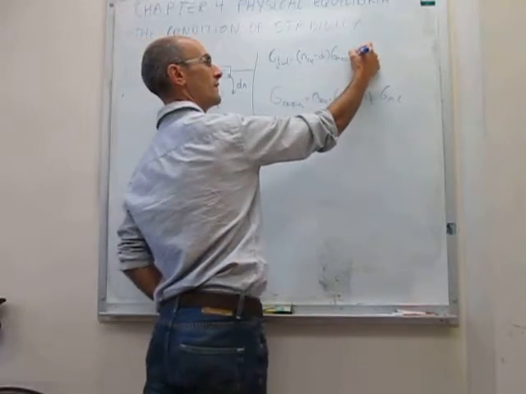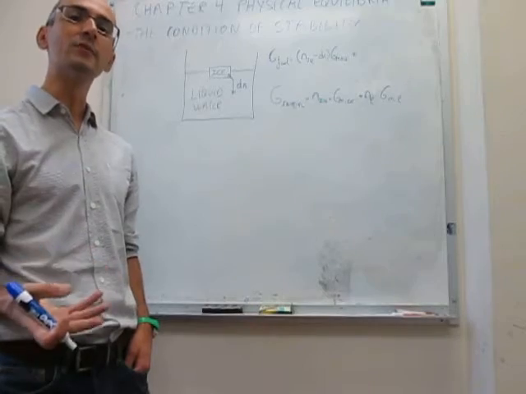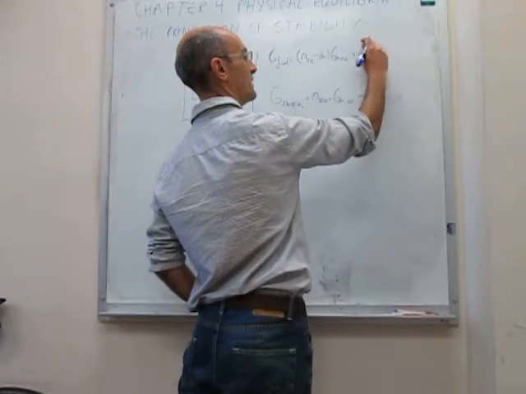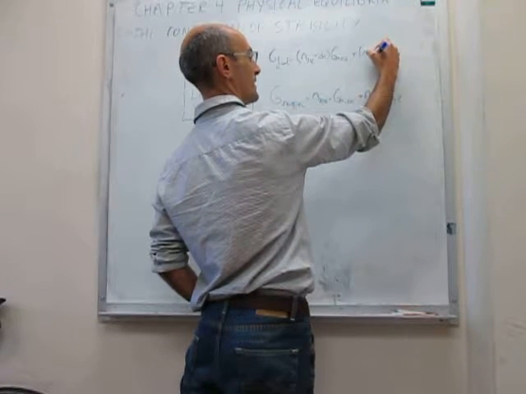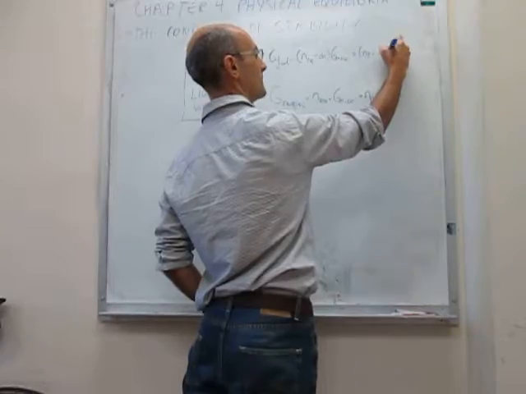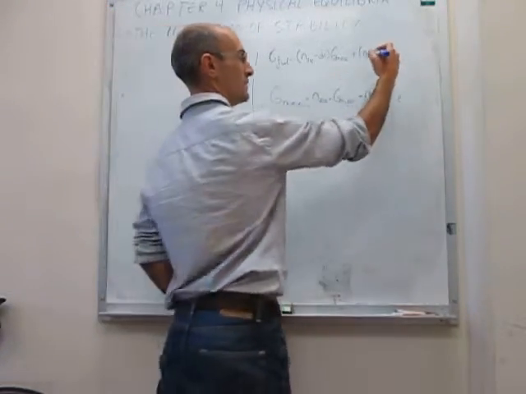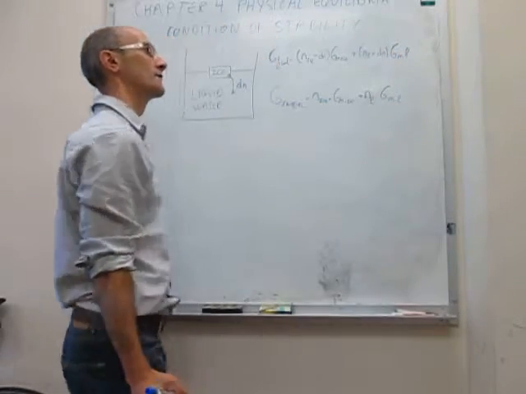And then for the liquid, the number of moles that you have after the process has taken place has increased by an infinitesimal amount. So this is going to be equal to the number of moles of the liquid that you had plus a tiny little bit more that has been formed when the ice has melted. And you have to multiply this by the contribution per mole of the liquid.